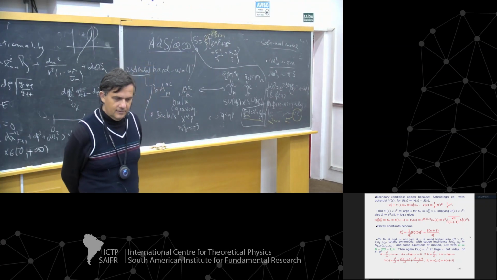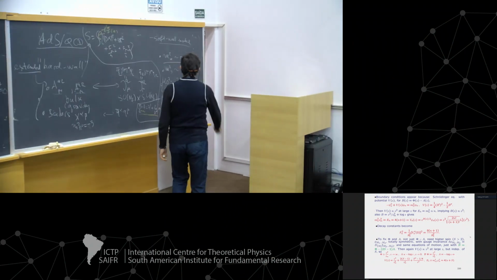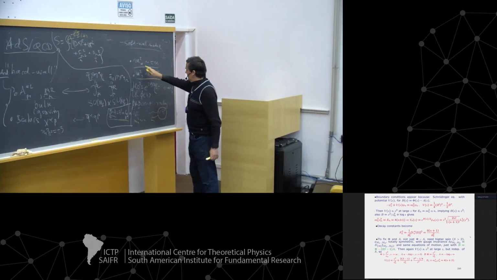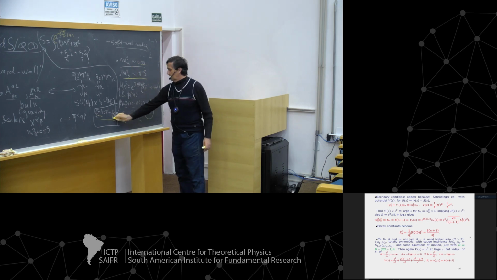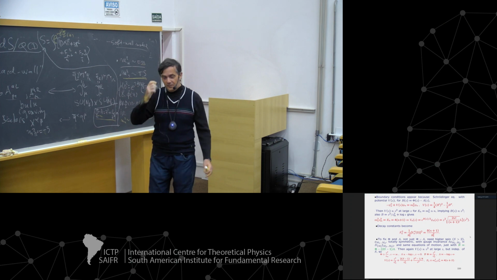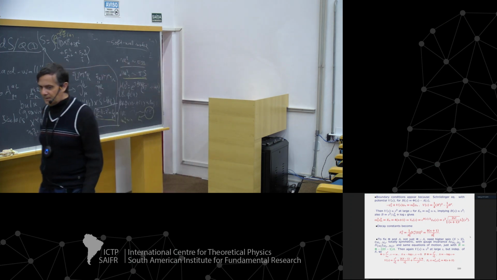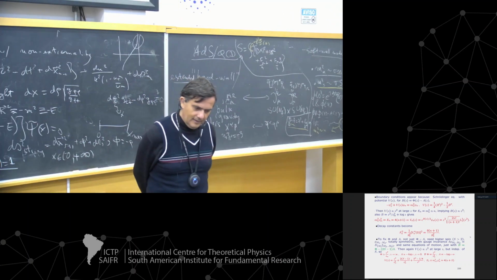To do that, one must consider the second condition. So the first condition, that mn squared was proportional to n, allowed us to fix phi minus a. And the second condition, that if I introduce spin, this is also proportional to the spin, leads to a condition independently on phi and a.